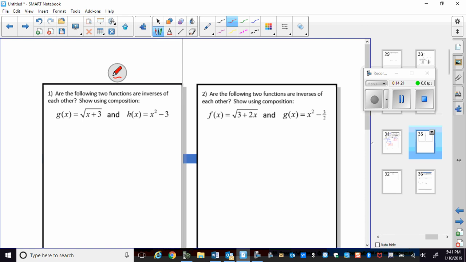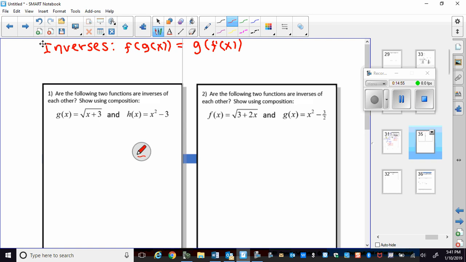It says, are the following 2 functions inverses of each other? What they don't tell you is that, from Unit 1, in order to be inverses, f of g of x has to equal g of f of x.